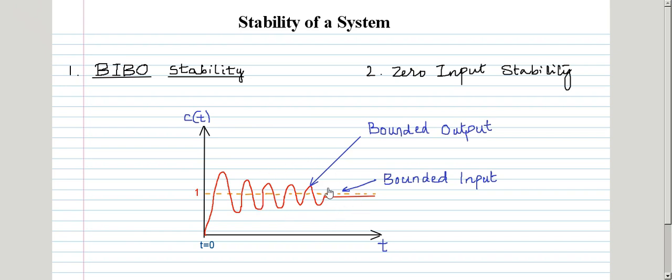Such type of stability is known as bounded input, bounded output stability. And the second one is the zero input stability. When no input is applied, the output should be equal to zero, irrespective of the initial conditions. This represents the state of equilibrium of the system. This condition is known as asymptotic stability.